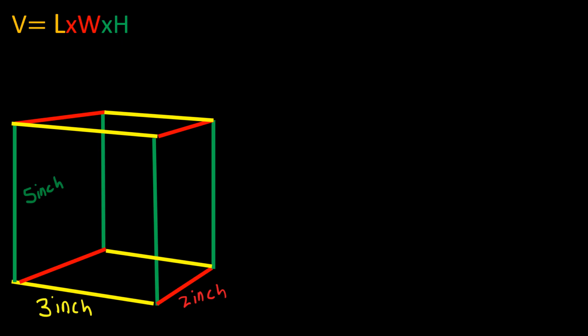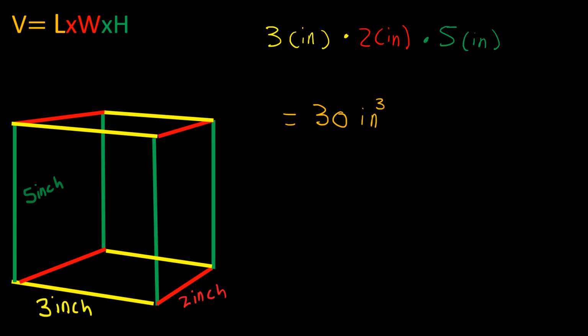Our length is 3 inches, multiplied by our width, 2 inches, multiplied by the height, 5 inches. 3 times 2 is 6, 6 times 5 is 30. So our answer is 30 inches cubed.